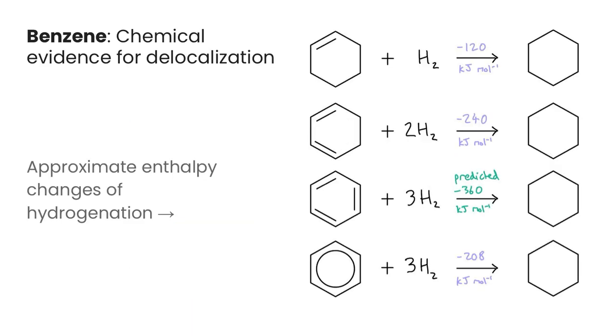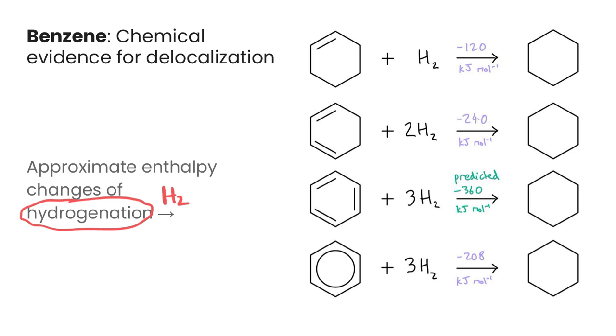Now, some further evidence for the delocalized structure is if we take a double bond and do a type of reaction called hydrogenation. That's adding hydrogen across a double bond, and it's going to break the double bond and add hydrogens there, so you're left with a single bond.